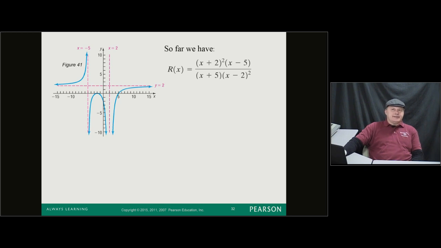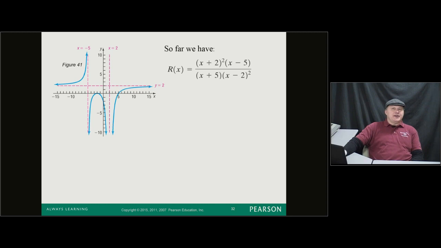R of x equals that. Notice the degrees are the same: degree 3 on top and degree 3 on the bottom. With what I've got so far, everything is good except the horizontal asymptote. The horizontal asymptote here is y equals 2, but with what I have so far, it would be y equals 1.